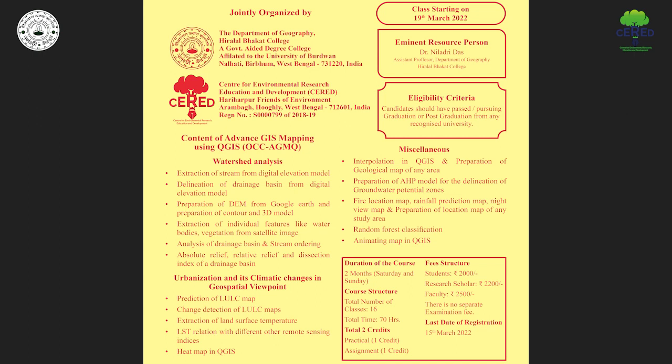Successful completion of this course will help participants get 2 credit points, and they will also receive a scorecard and a certificate. Classes will mainly be conducted on weekends, Saturday and Sunday, so that all participants can easily attend. Altogether, we have 16 classes in 2 months.